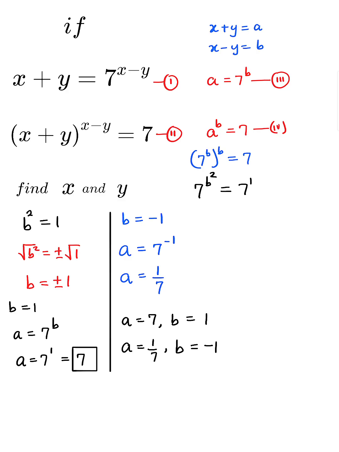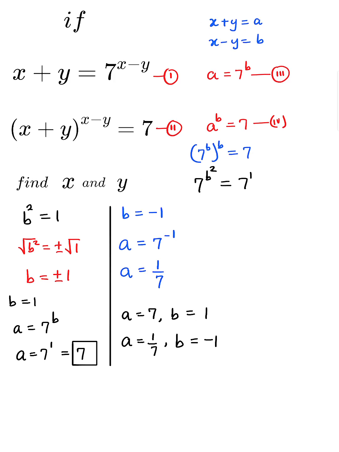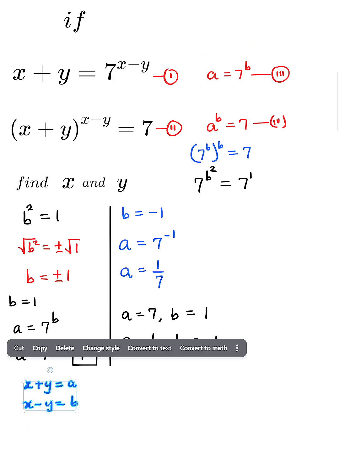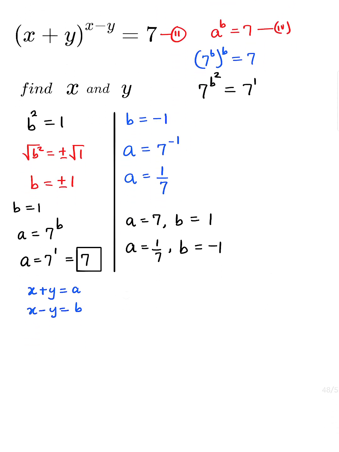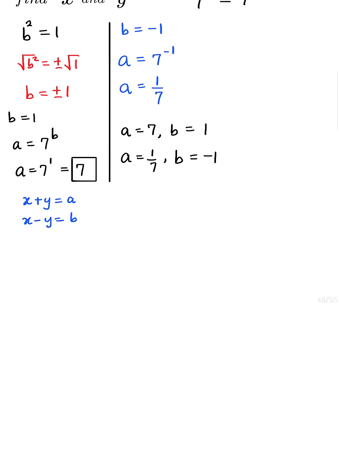Take note that we are still finding the value of x and y. So let's bring our x and y equations down over here. Since we have this as equation 1 and this as equation 2, now let's add the two equations. By adding the two equations, we end up having 2x equals a plus b. So x equals a plus b all over 2.